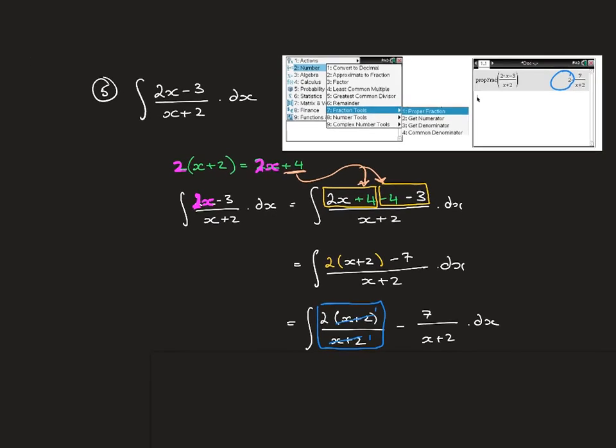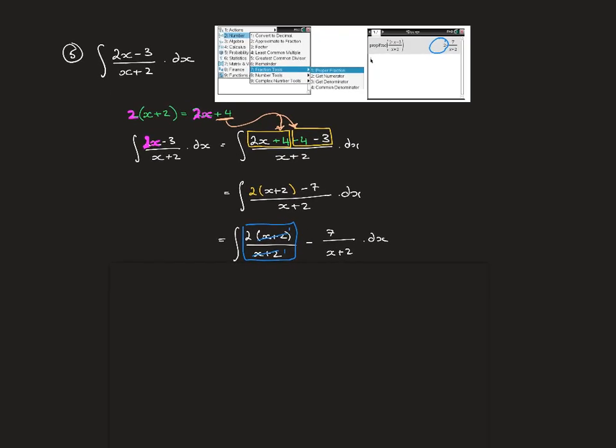So let's continue on with our work on this. That gives us our 2. We can split it into 2 separate integrals if we like, or we can just integrate from there. When we look at 7 over x plus 2, it's not quite in the right format, but this is 7 times, so it's a constant multiplied by a constant, so we can bring it out the front.